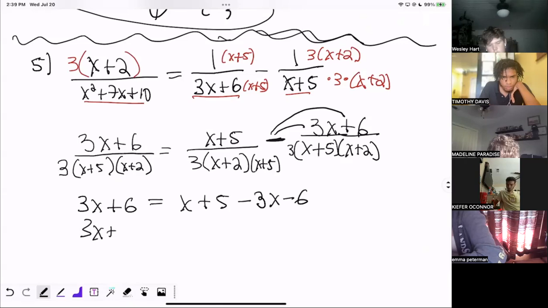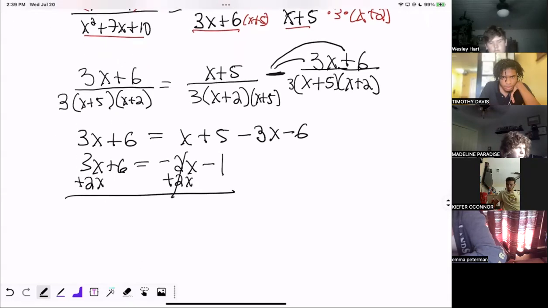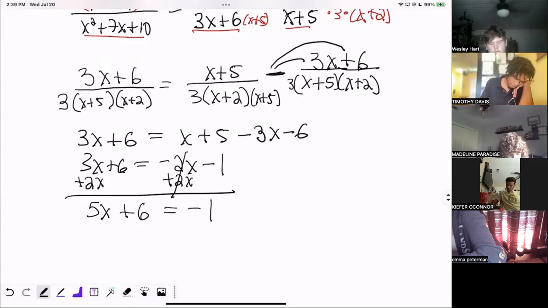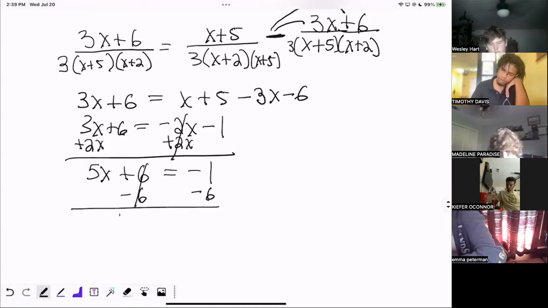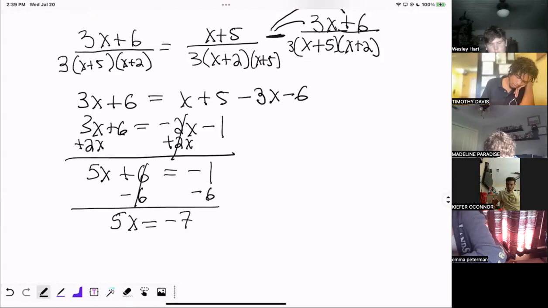So 3x plus 6 is equal to, okay, that's negative 2x minus 1. I'm going to add 2x. And I get 5x plus 6 is equal to negative 1. I'm going to subtract 6. 5x is equal to negative 7.